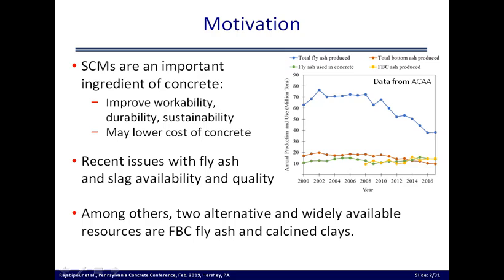The graph that you see on the right side is from American Coal Ash Association, which shows in the blue curve the production of conventional pulverized coal fly ash in the U.S. over the years. And we can see that since 2008, somewhat in the middle of the graph, till today, the production of fly ash has dropped by more than 50%.